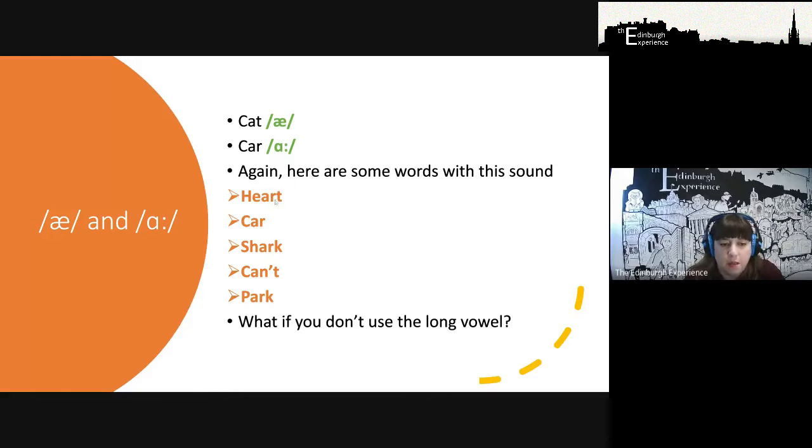So again, if I don't make a long vowel, listen to what happens. Right. So instead of heart, hat. Car, cat. Shark, shack. Can't, well, I've put this example, actually, it's a bad example because in my accent, I don't say can't with the long vowel.